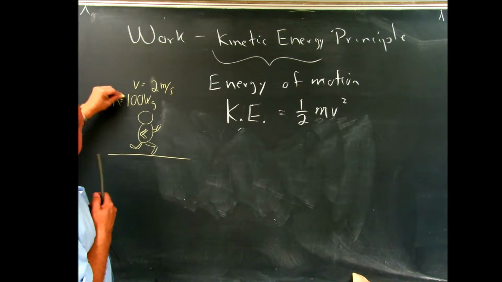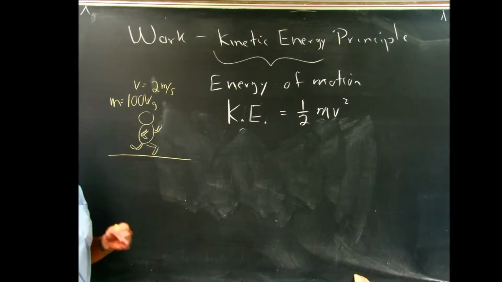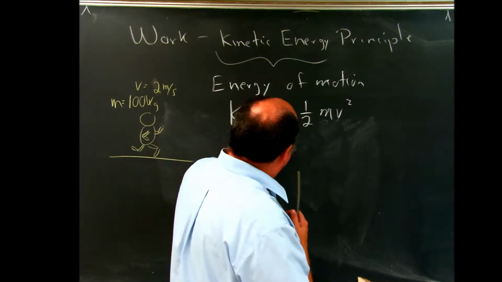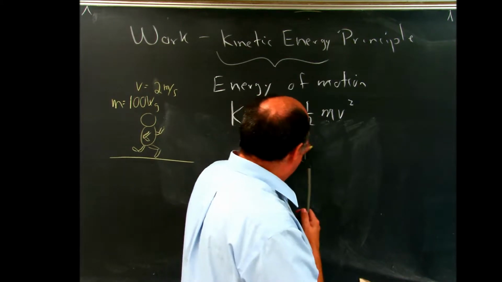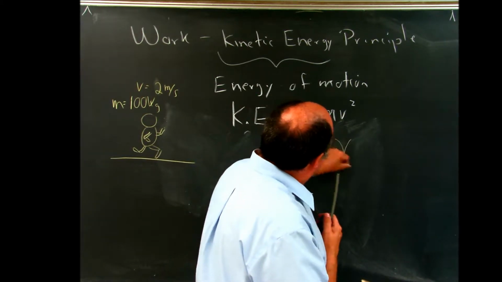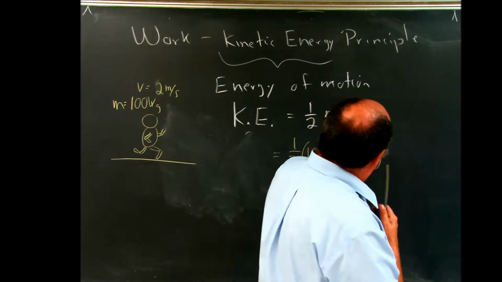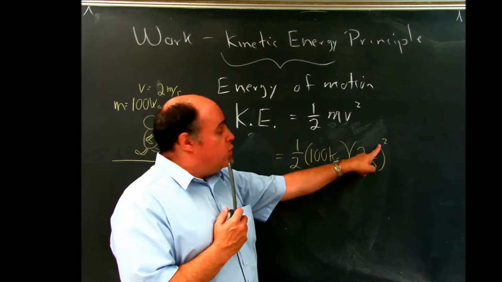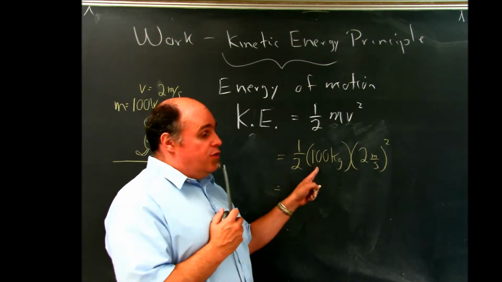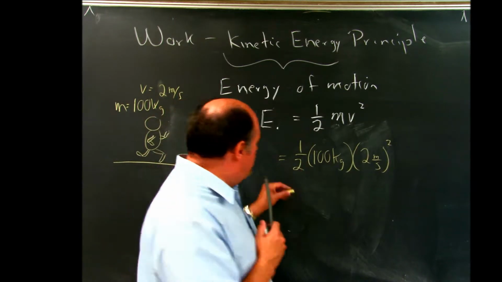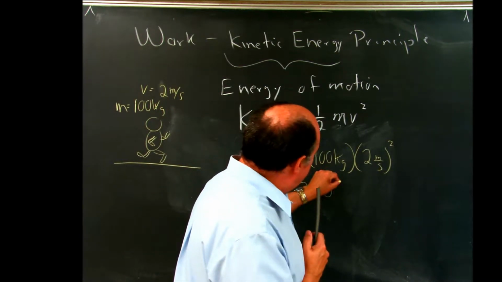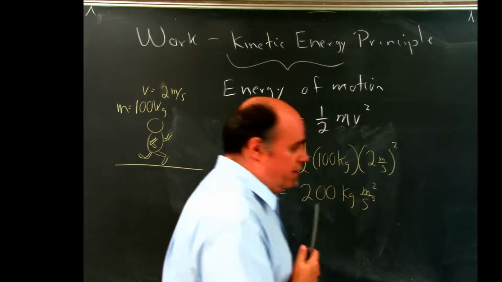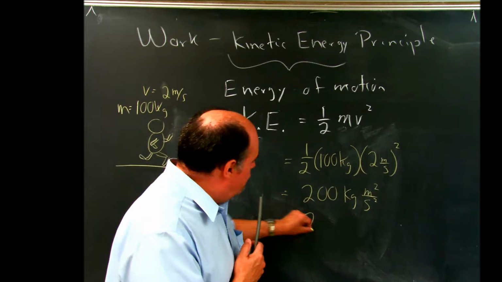To find how much kinetic energy they have, we take 1/2 times the mass of 100 kilograms times the velocity of 2 meters per second, squared. 2 squared is 4, 4 times 100 is 400, and 400 times 1/2 is 200. The units left are kilograms, meters squared and seconds squared, but we say this is 200 joules.